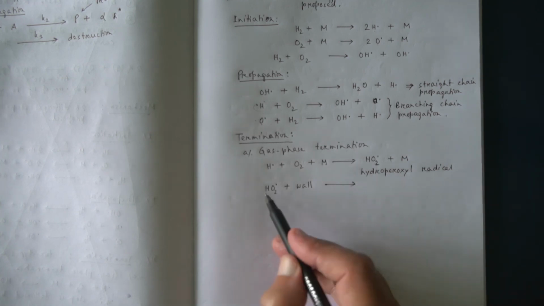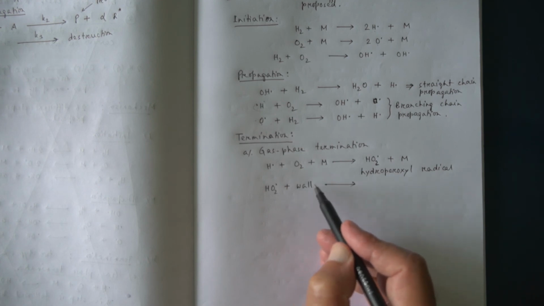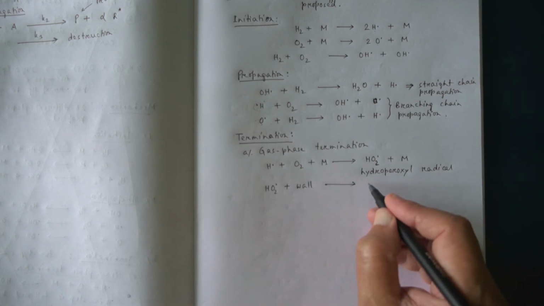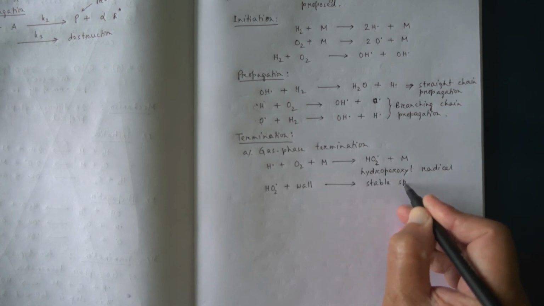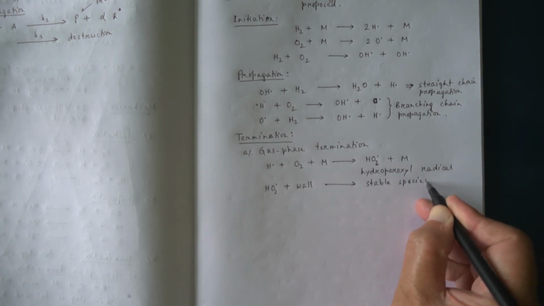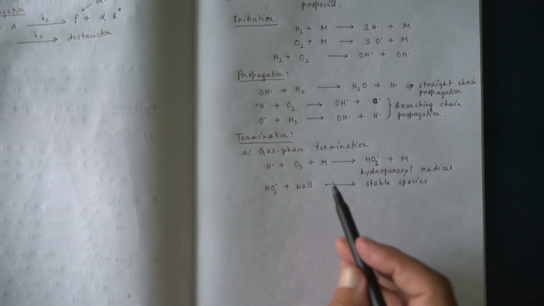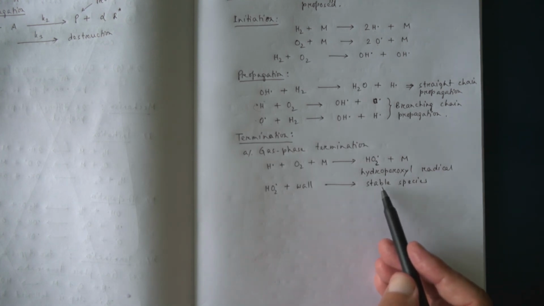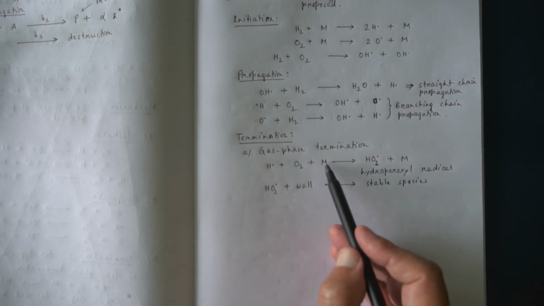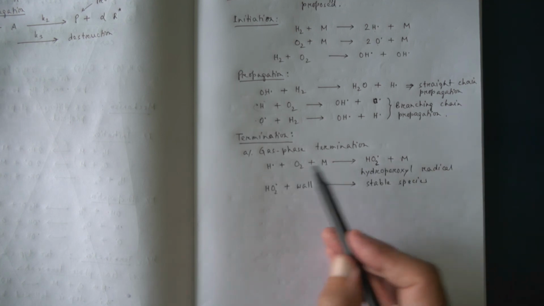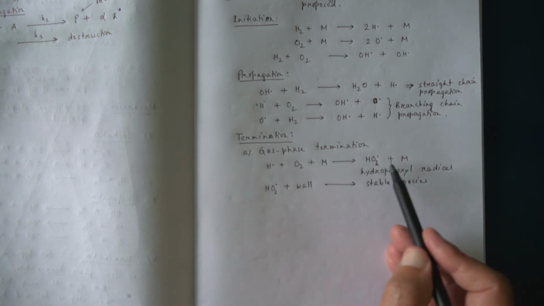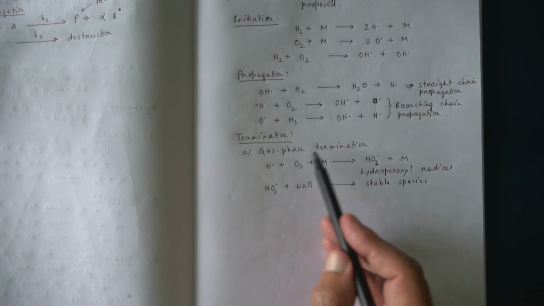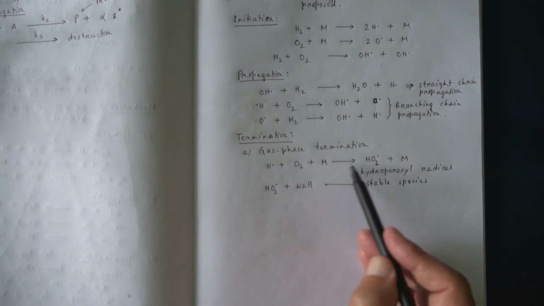This species gets adsorbed on the wall of the container to form some stable species, so that the reaction stops, terminates. Now this reaction takes place in gaseous medium. So it is gas phase termination.